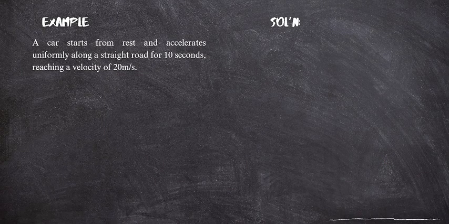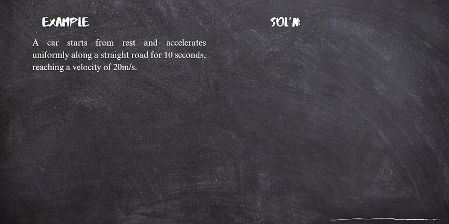So let's have an example. A car starts from rest and accelerates uniformly along a straight road for 10 seconds, reaching a velocity of 20 meters per second. Before we solve this problem, let us first understand the problem, identify what is given and what you need to find.